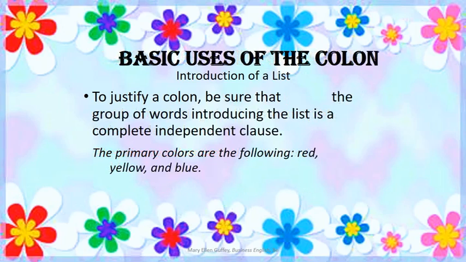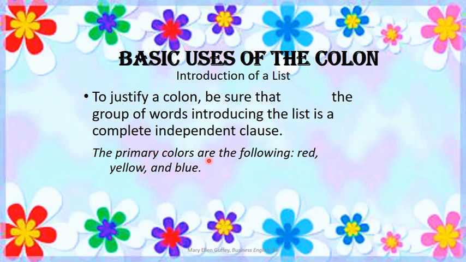Now, the last point is going to be clear to you when you read this. To justify a colon, as I said, we have to be sure that the group of words introducing the list is a complete independent clause. Now we can add a colon in the same sentence if the sentence is like this.